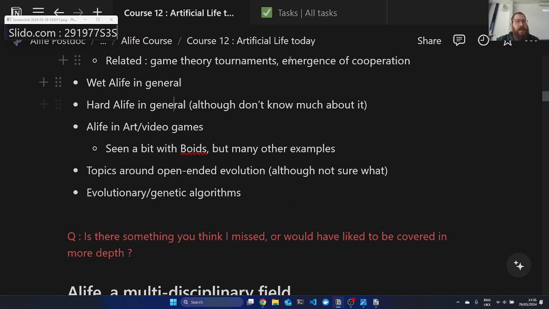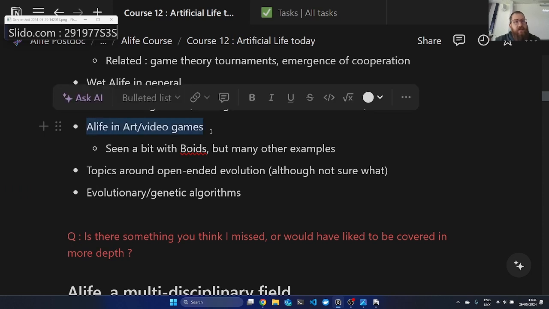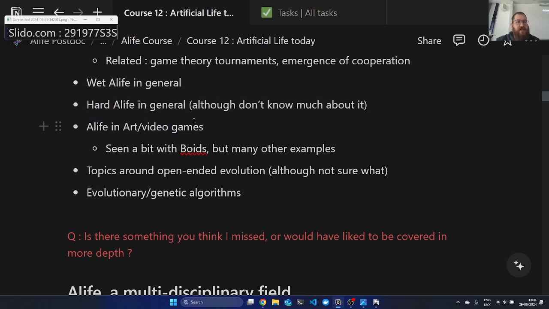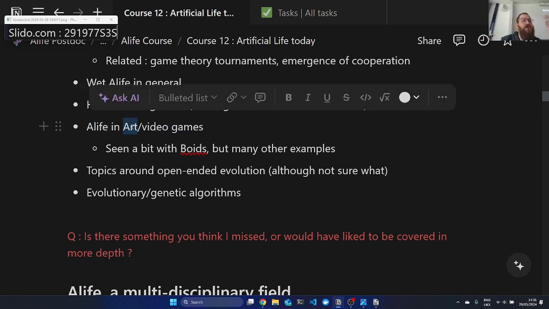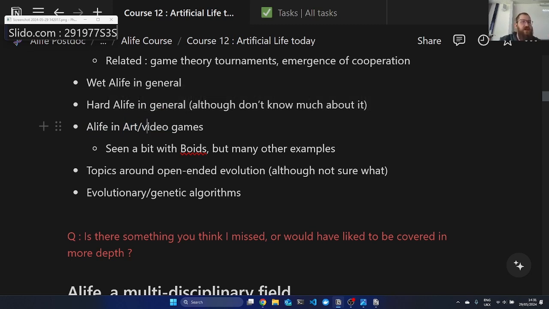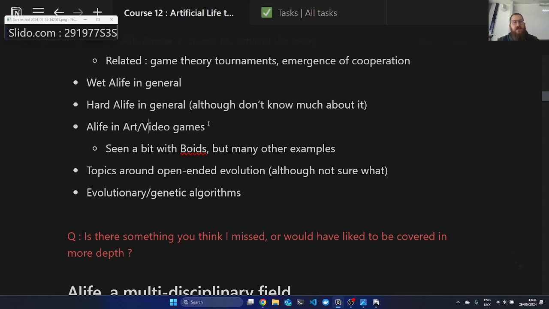Yeah. Then you have another big subject, which is also tangential. It's artificial life used for generative art or video games. In a sense, all of the things we presented can be used like that. Usually, with these artificial life models, the rise of complexity gives interesting things to look at, but sometimes it is done really for this purpose.